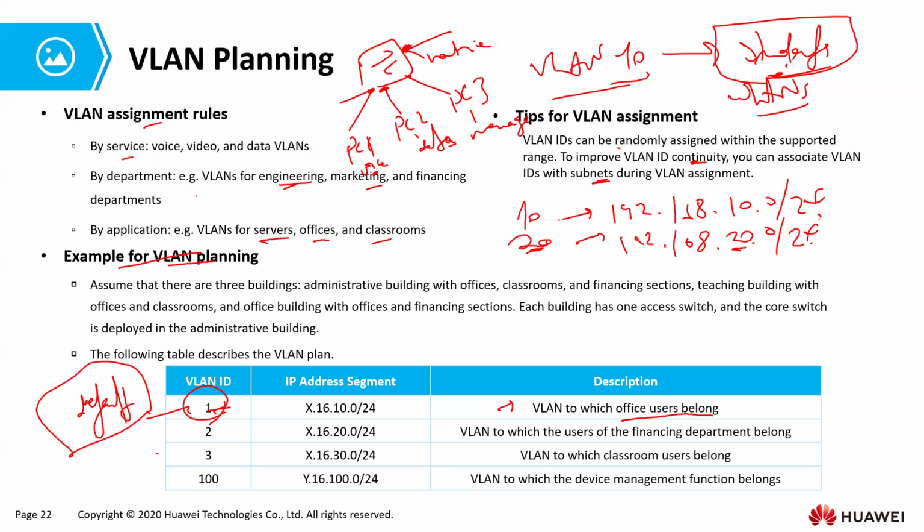You realize that by recommendation no device should be assigned to that specific VLAN. It is a security risk. So let me just not recommend that. But for the rest, you can assign to specific subnets, then to specific users or specific services, etc.